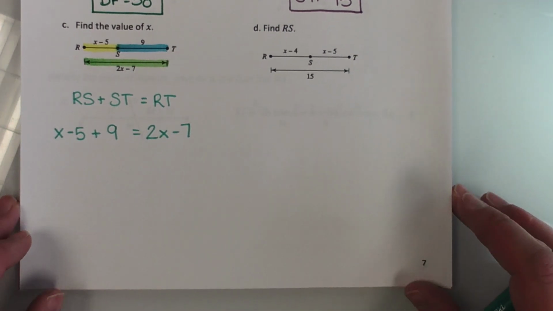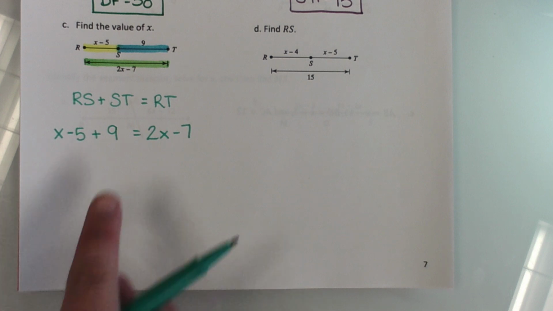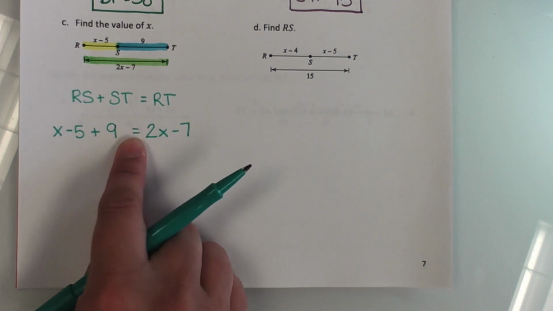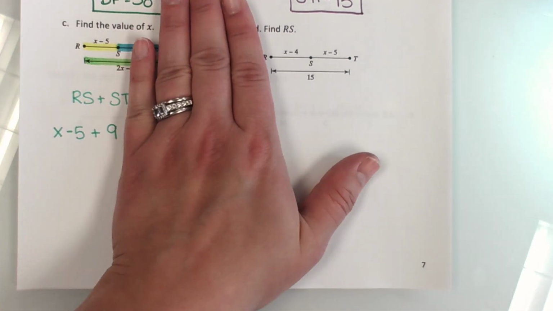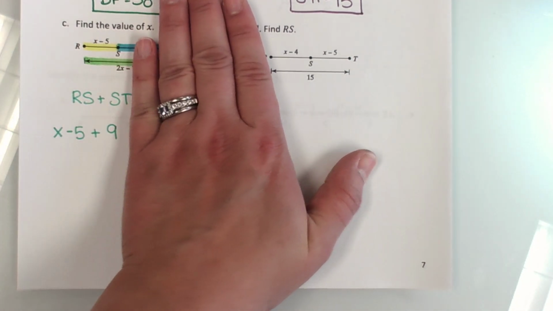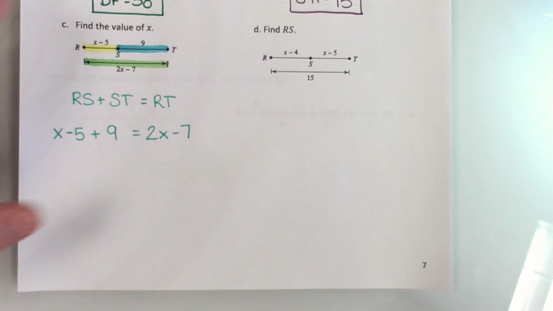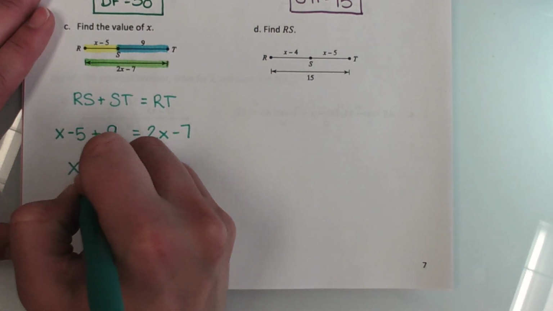The question says to solve for x. Equal signs right here. Can I simplify that side at all? Yeah, what goes together? -5 plus 9. Put them together. 4. A positive 4.